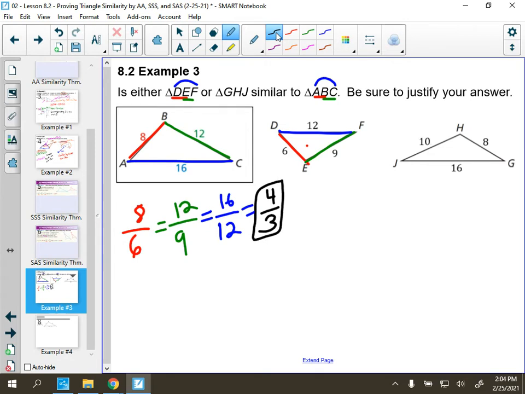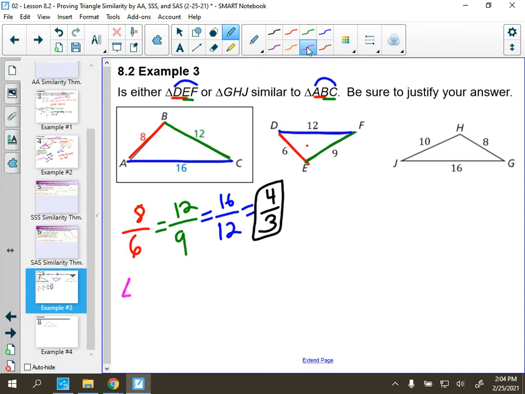And the fact that they all equal the same value, you could divide them out, use calculators and say 1.333333 repeating. But this is 1.333, this is 1.333, this is 1.333. We're good. Let's make that statement.